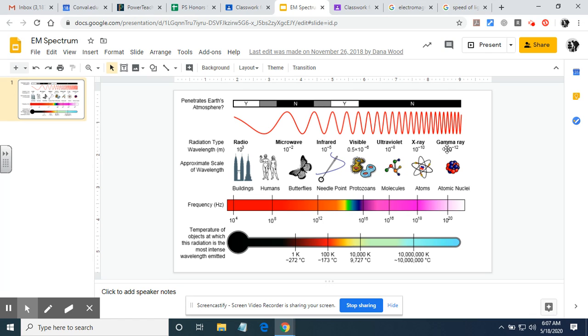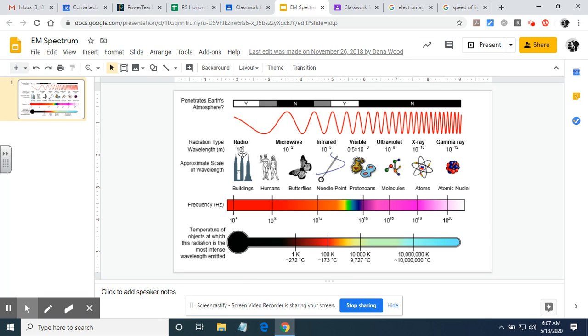Something like a gamma ray has such a short wavelength that there are going to be many more waves going by you in a given amount of time. And again, waves are carrying energy. So for any unit of time, you're going to get much more energy from waves on this side of the electromagnetic spectrum than on the left-hand side.